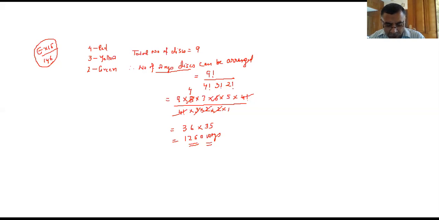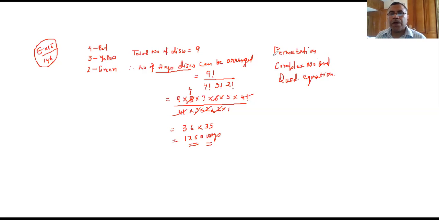So I will include complex number and quadratic equation, and second is permutation in the coming subjective test. Permutation and quadratic. So clear.